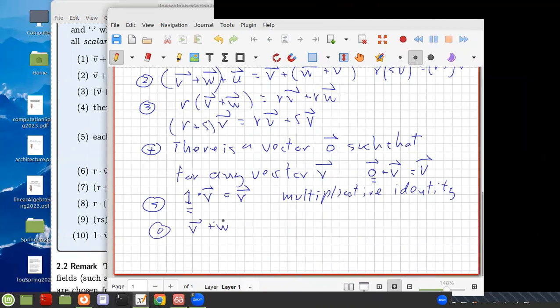V plus W has to be in the space. You have to be able to add elements and get a member, and also r times V has to be a member of it.